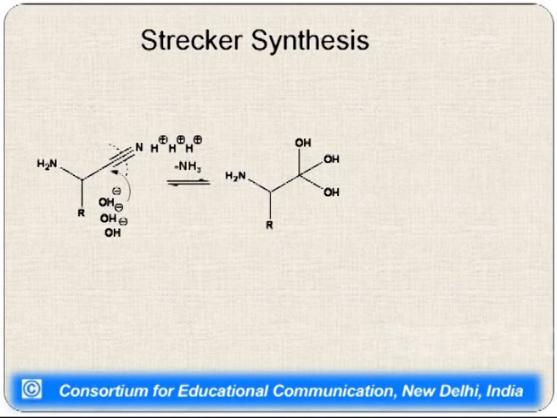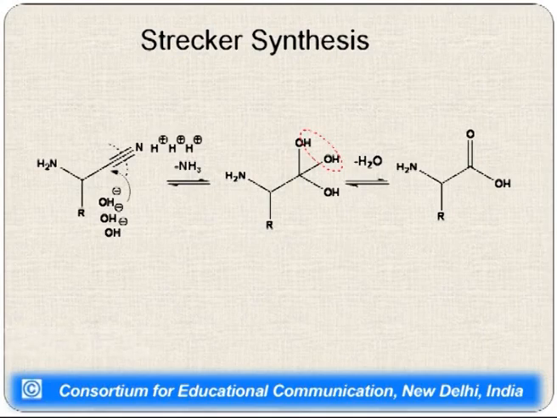You can see on the slide that we are having here 3 hydroxyl groups, and out of the 3 hydroxyl groups, I have selected 2, and these 2 get the dehydration done, water goes out of it. When it goes out, it gives you the required amino acid.